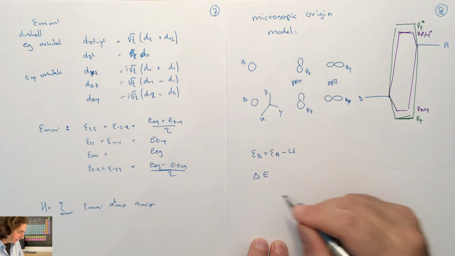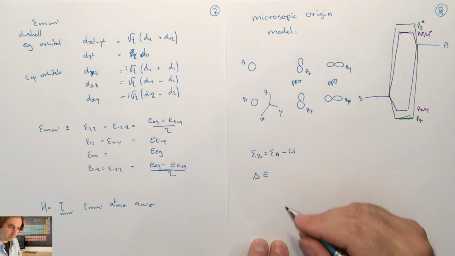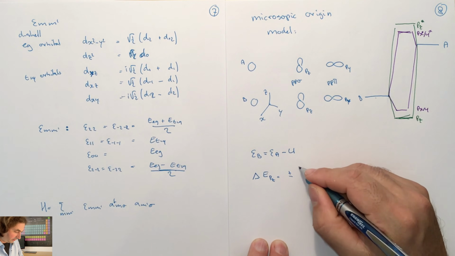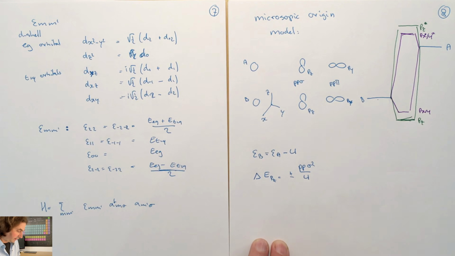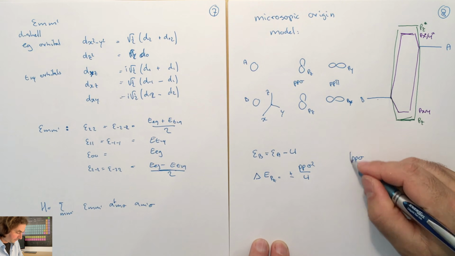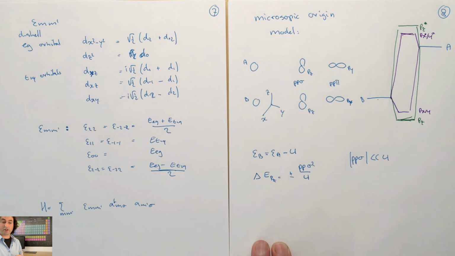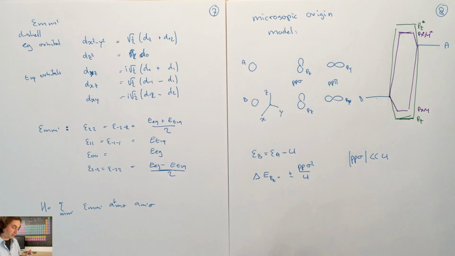Now the energy change of the pz orbital is plus minus, in perturbation theory, pp sigma squared divided by U. And I assume here that pp sigma is much smaller than U. That is a logical assumption, because we want to work with crystal fields where we assume that our charge fluctuations are small.